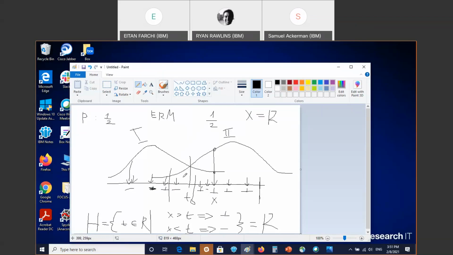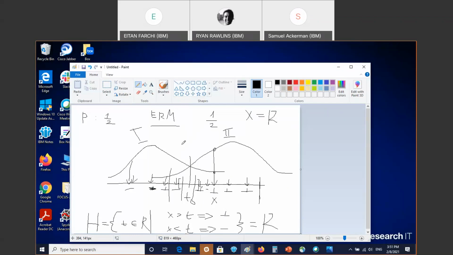If you put it here, it's still going to be 2, right? Right, because they have 1 on each side. Yes, exactly. So any threshold between here and here is going to give us the ERM, the minimum error on the sample set, which is 2.